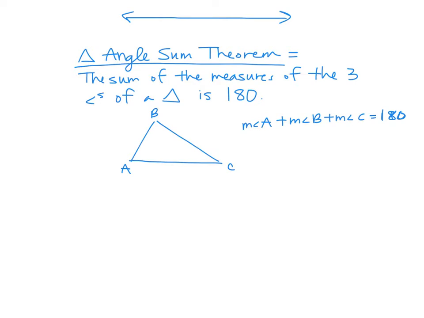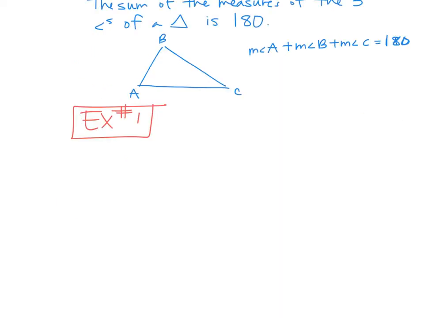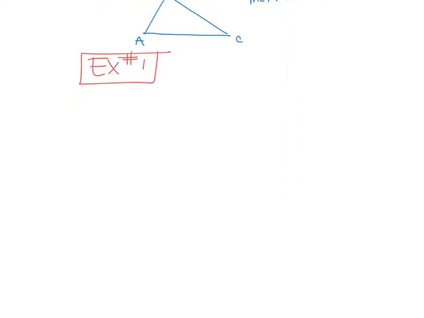So what you're going to have to do a lot of in this section is just finding missing angle measures. So let me draw you a picture here. This is not necessarily drawn to scale, sorry.